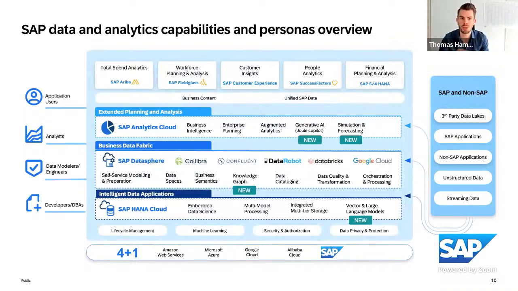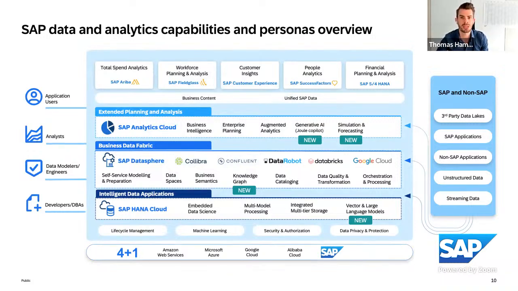So you can see SAP HANA Cloud illustrated on the bottom level. If you remember the earlier slide, it is our solution for operational database use cases. It comes as a fully cloud managed database as a service solution, and it gives additional capabilities apart from what we associate with operational database.